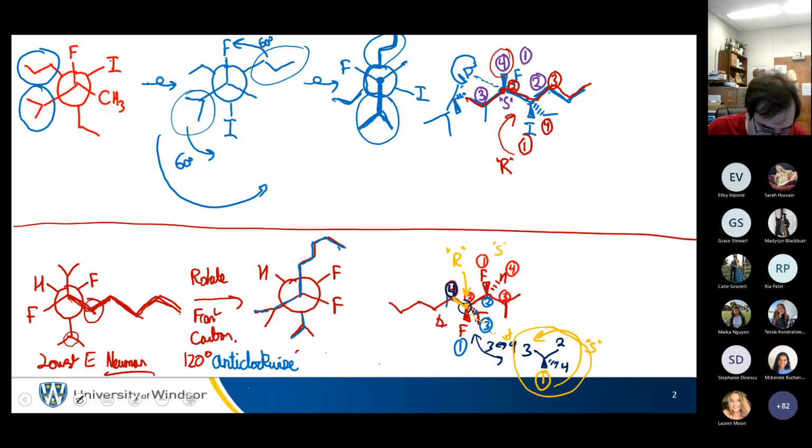Sorry, I thought I switched on my laser pointer. I didn't. Okay, so for this R here, this one? Yeah, so you see where 1 is? It's the fluorine, yep. Right. So how would you know if you'd go to the right or the left? Are you going towards 2?